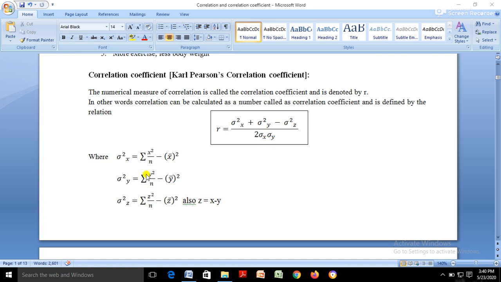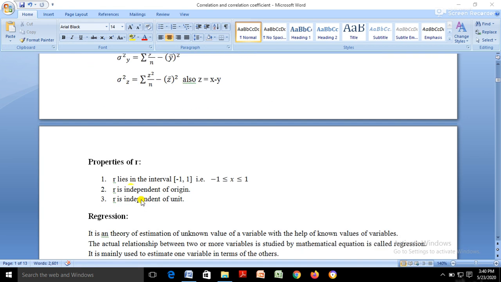Here the formulas for sigma square x, sigma square y, sigma square z are given. Then the properties of the correlation coefficient. First one, r always lies in the interval minus 1 to plus 1. Second, r is independent of origin, but dependent on unit. So these are the properties.